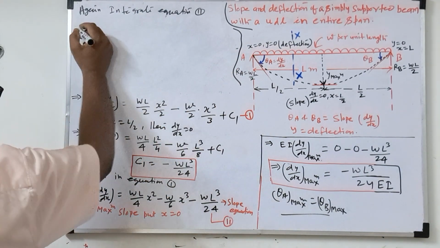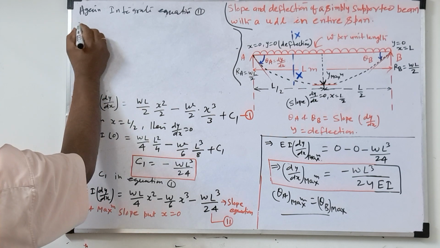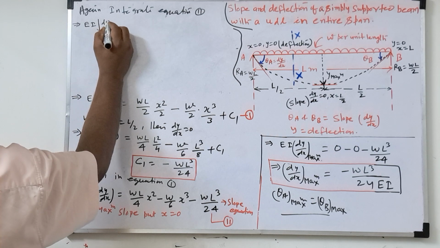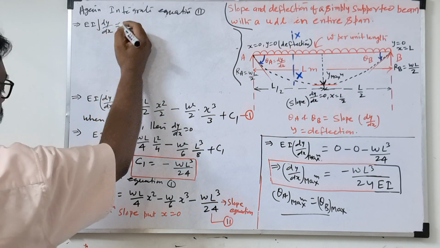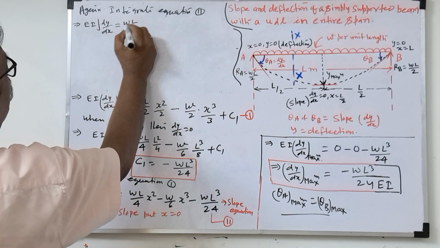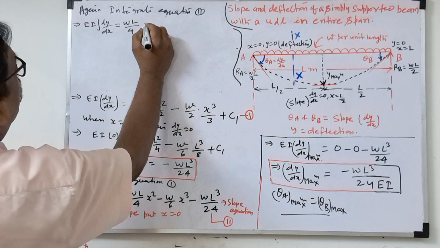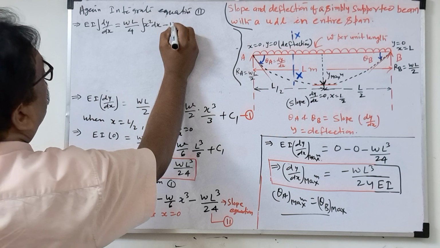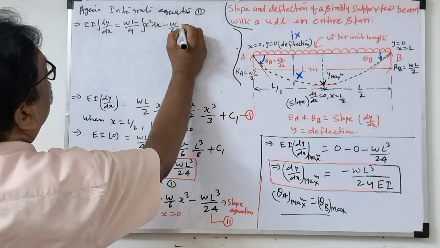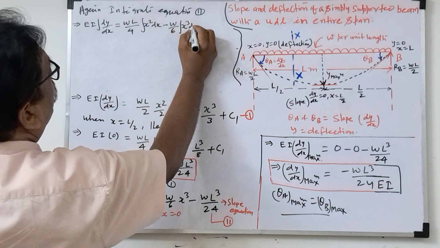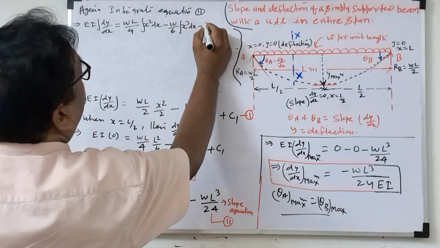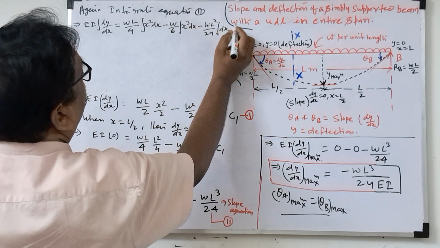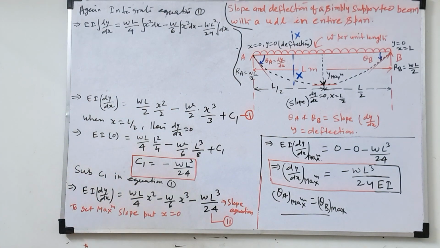EI integration dy by dx equal to WL by 4 x square dx minus W by 6 x cube dx minus WL square by 24 dx. So we'll integrate.